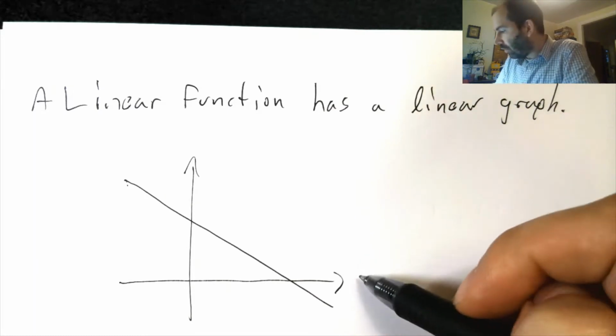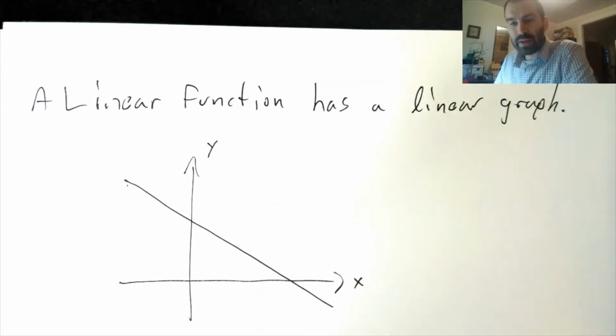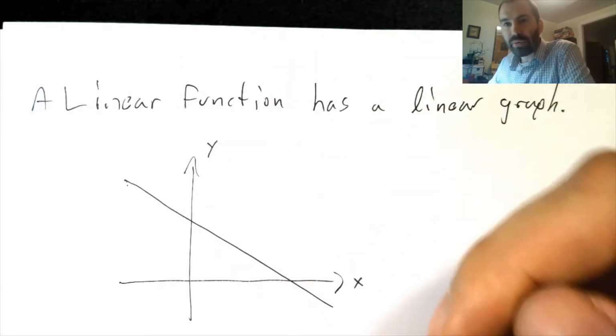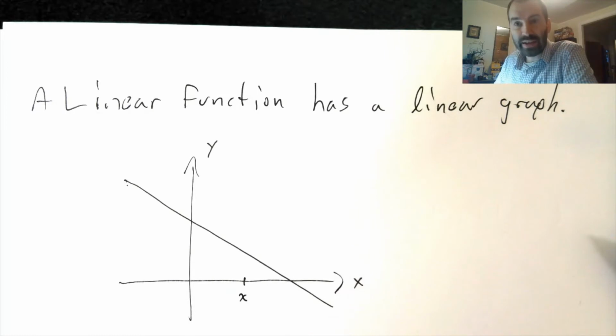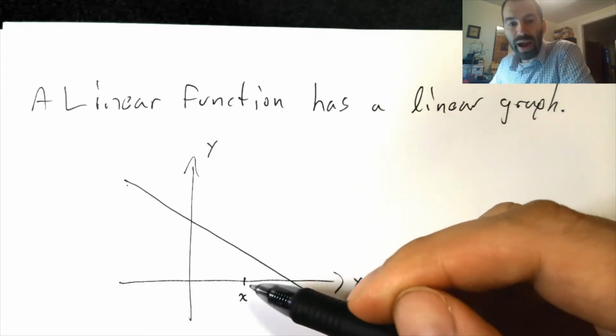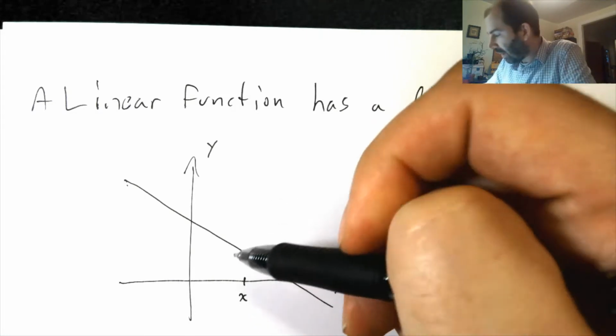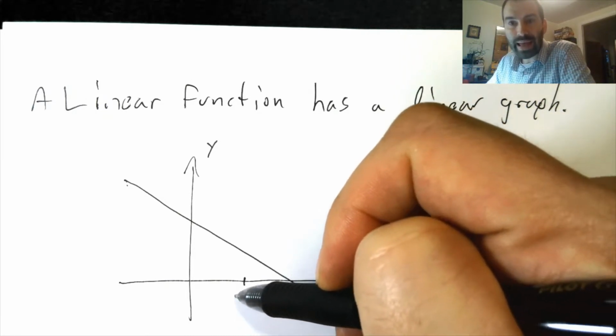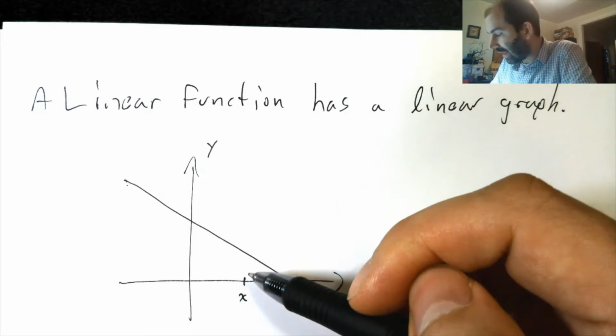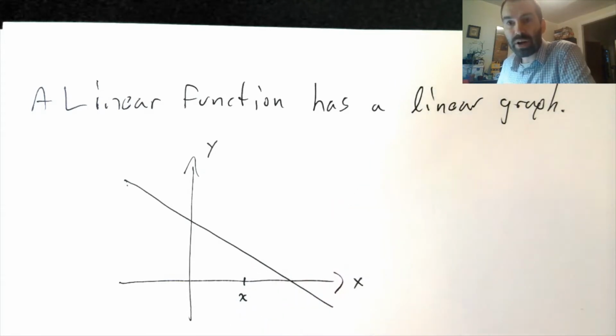Now remember how functions work. How do I get the graph of a function? Well, for any x that I choose down here on the x-axis, the way the graph is formed is by determining the value of the function at that x. So I take a number for x, I plug it into my function, and I get a value back.